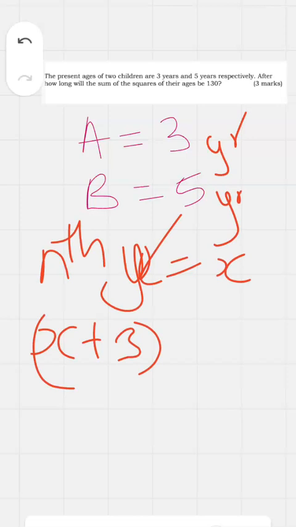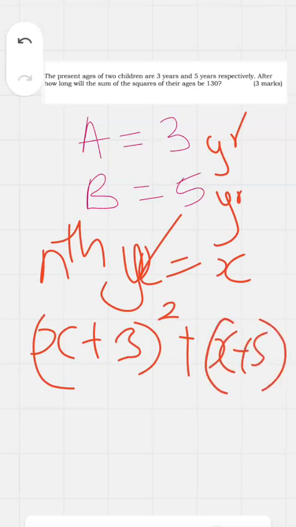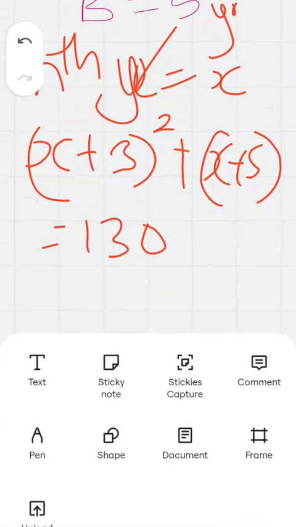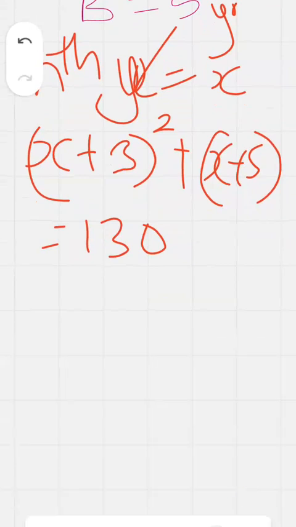Then the second child, B, will be 5 plus x. So when you square this one plus x plus 5, we should be getting 130, isn't it?